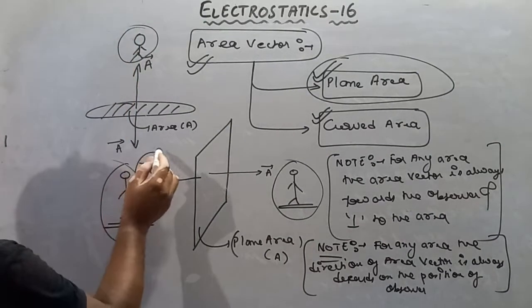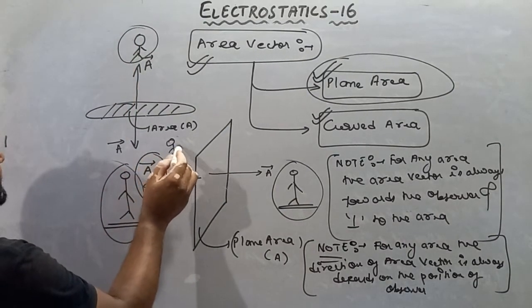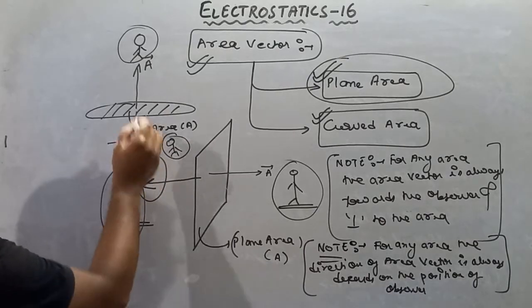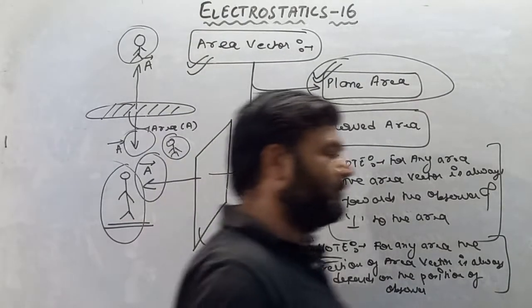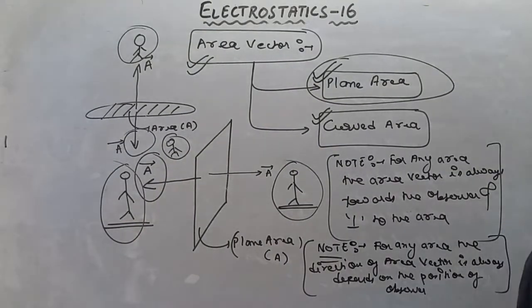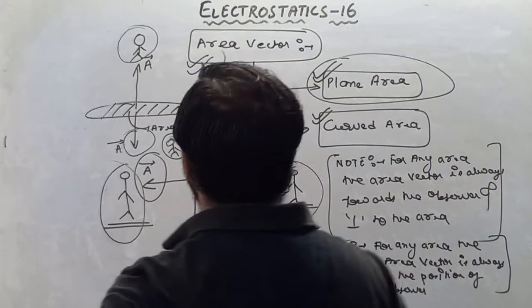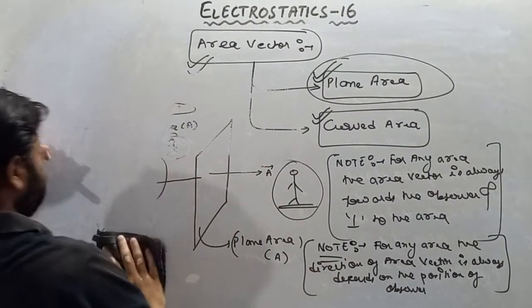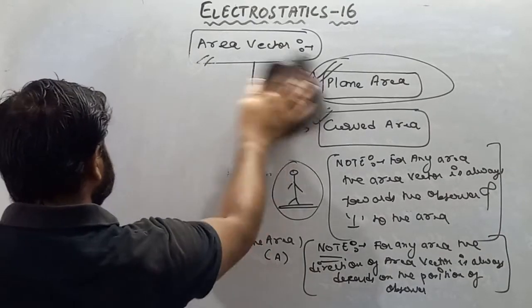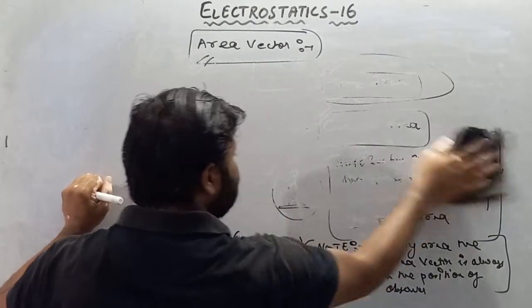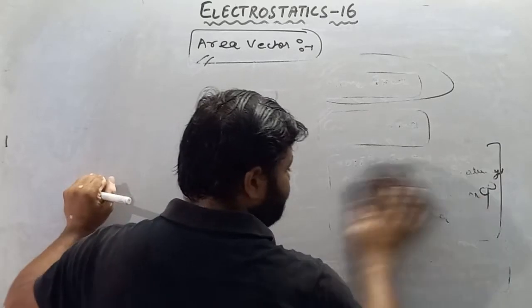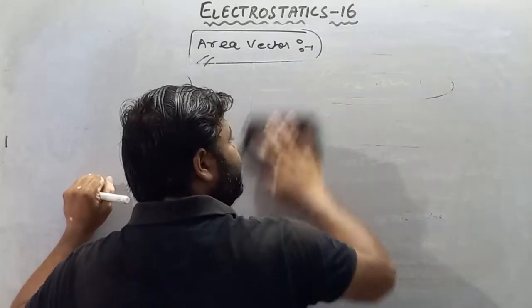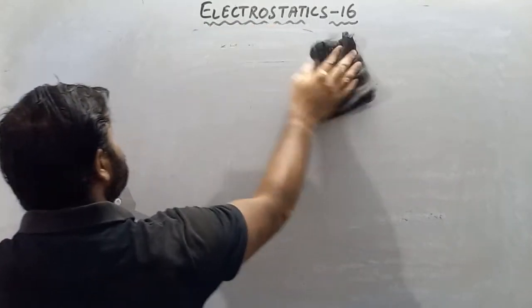If the observer is below the area, then the area vector is in the downward direction. So I hope you all understand how we consider area to be a vector and its direction. You have to remember two things only, that for any area, the area vector is always perpendicular to the area and towards the observer.